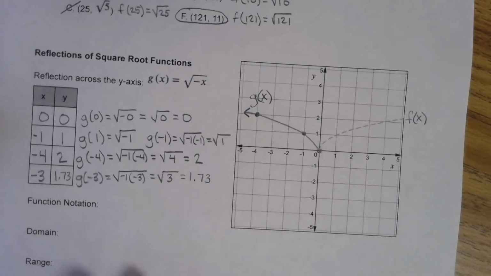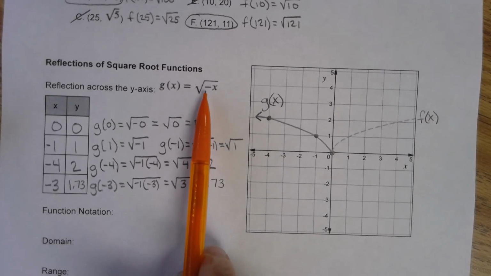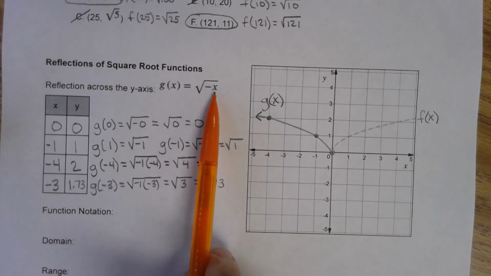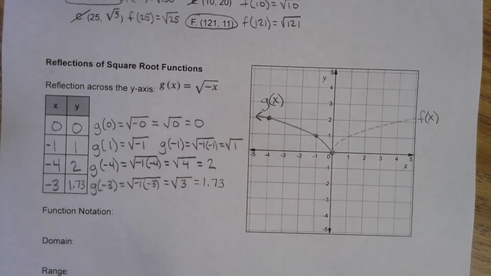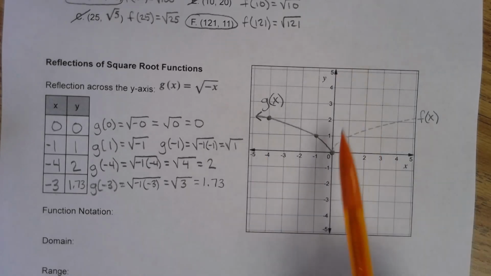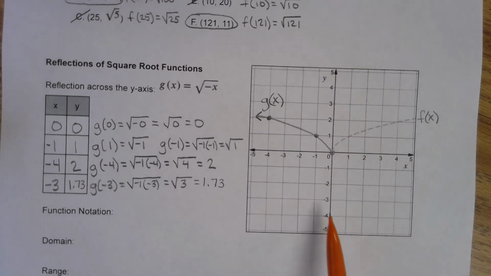So notice what's happened. When we have the negative on the inside with our variable x, meaning we're taking the opposites of our x's, that's exactly what happened to our function. Took the opposite of our x's. So that's a reflection across the y-axis.